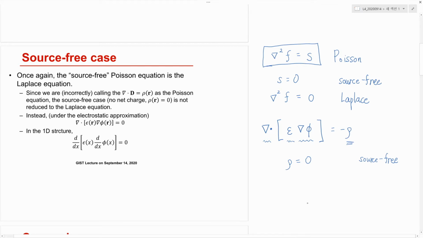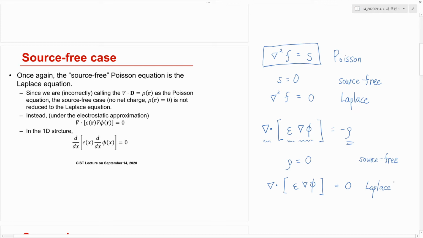Then what will happen? Eventually we will have something like this: divergence of epsilon gradient phi equal to 0. So can we call it the Laplace equation?